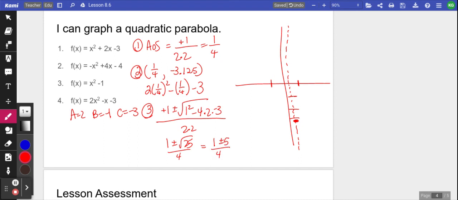So 1 plus 5 divided by 4 is 1.5. And 1 minus 5 divided by 4 is -1. And there's the parabola.